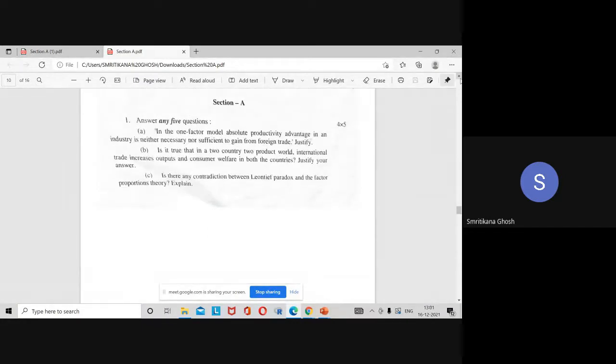In the one factor model, absolute productivity advantage in an industry is neither necessary nor sufficient to gain from foreign trade. Question 1a. In the one factor model, absolute productivity advantage in an industry is neither necessary nor sufficient to gain from foreign trade. Justify.